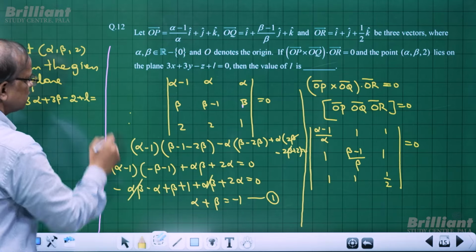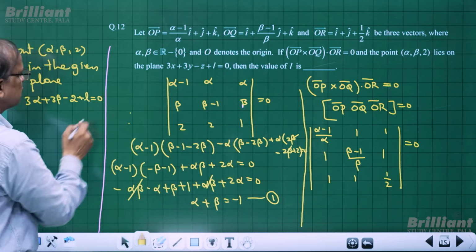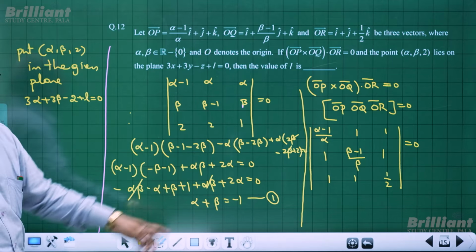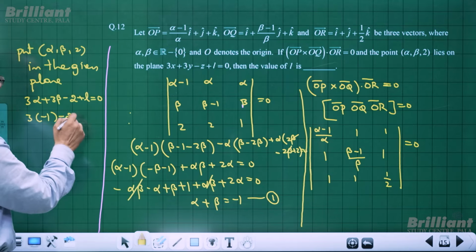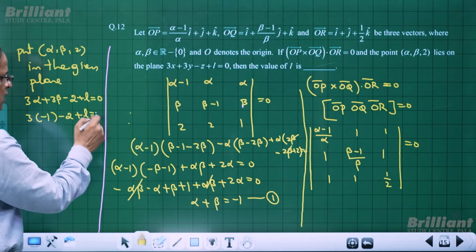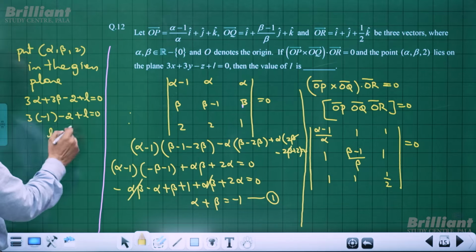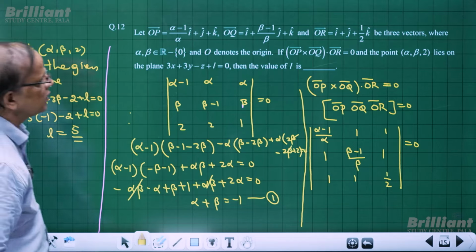But alpha plus beta is minus 1. So, 3 into minus 1 minus 2 plus L, therefore L is equal to 5.